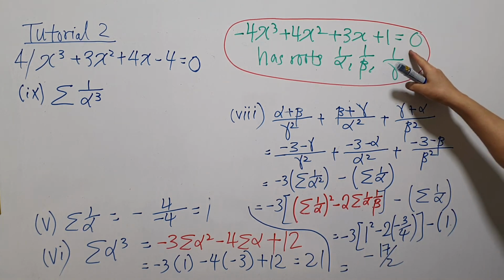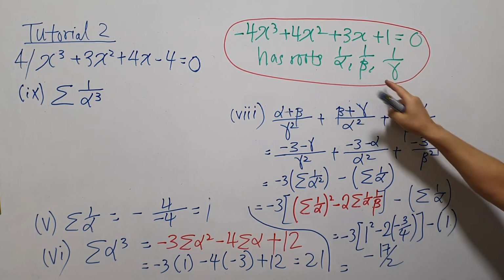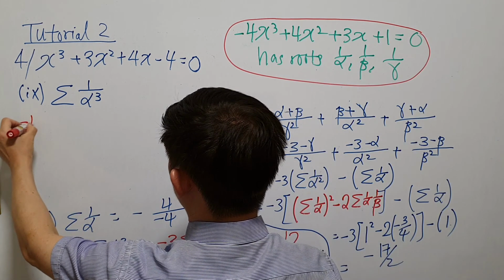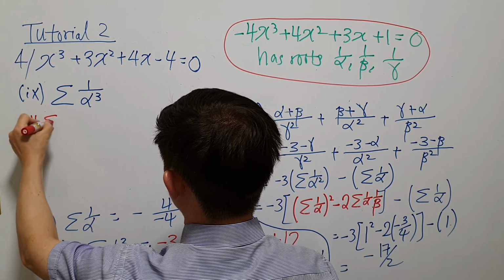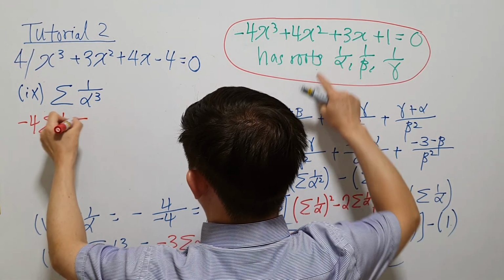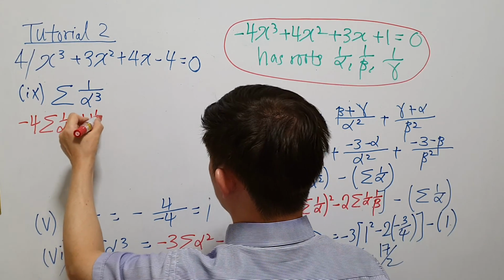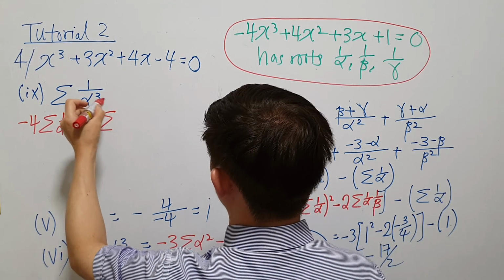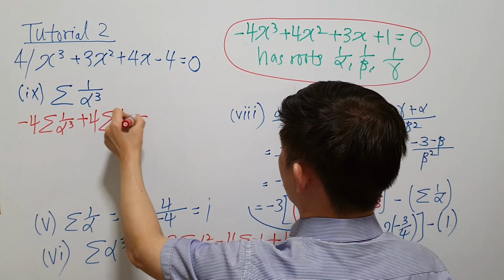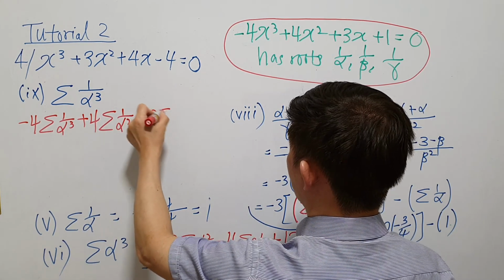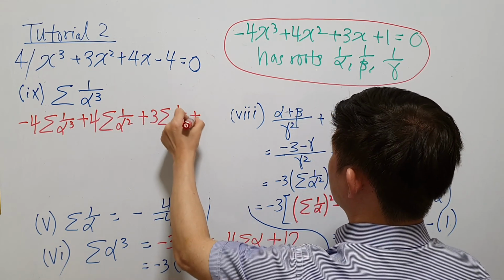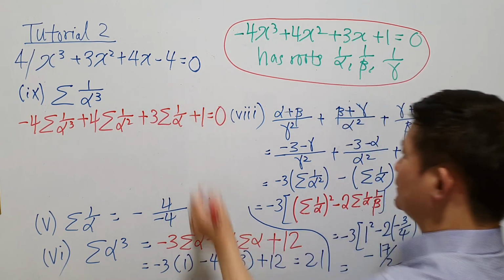Based on the equation which has these roots, I can say minus 4 summation of 1 over alpha cubed plus 4 summation of 1 over alpha squared plus 3 summation of 1 over alpha plus 1 equals 0.